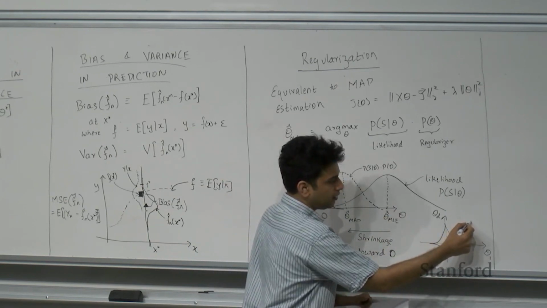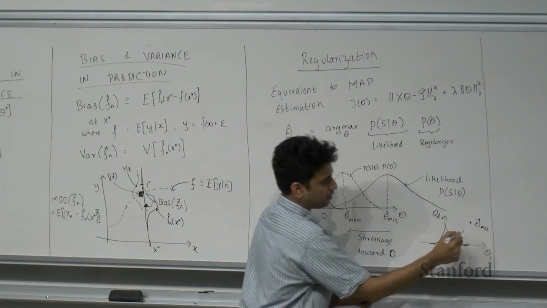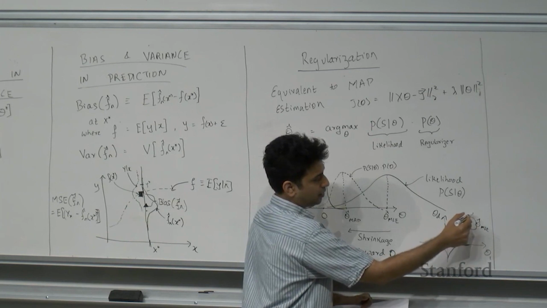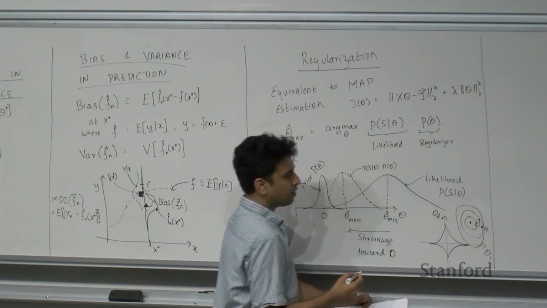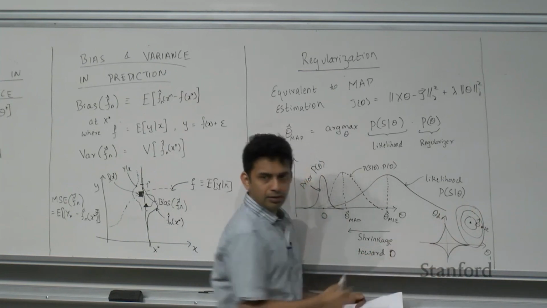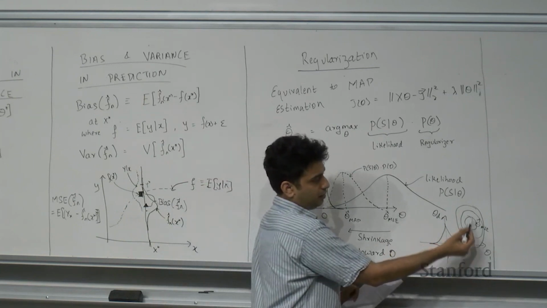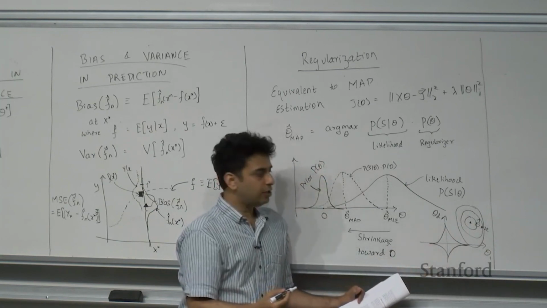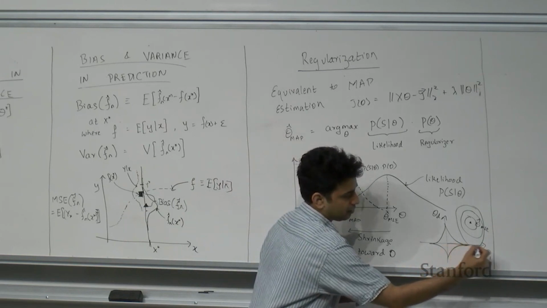And if this is theta hat MLE, the maximum likelihood estimate, and these are the contour plots of the likelihood, now this is the contour plot of the prior, and you can see that the product of these two functions will achieve high values generally along the axes.